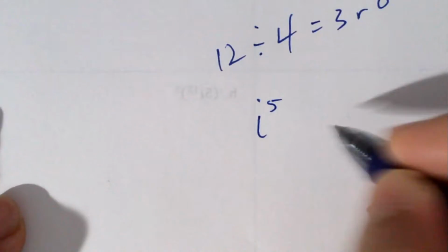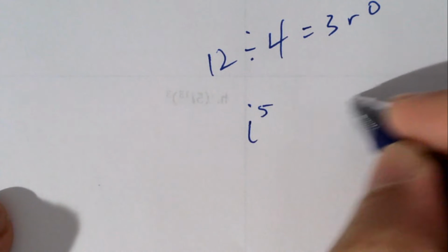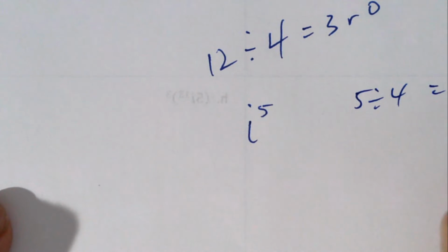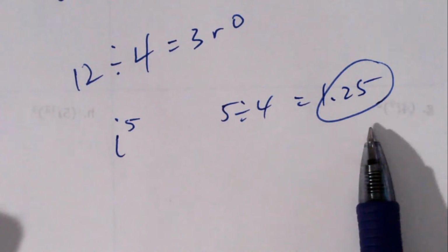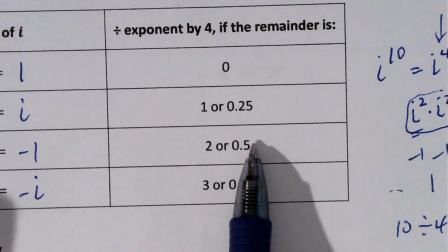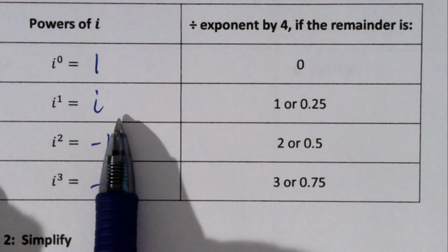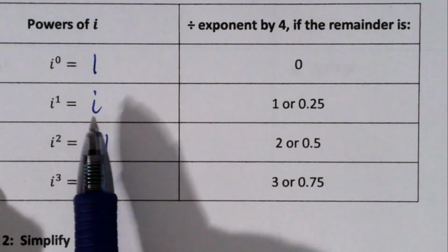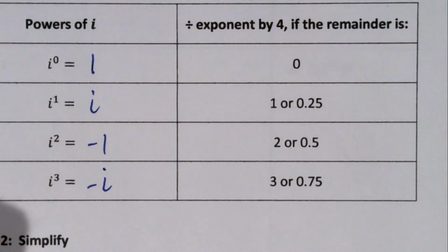If I have i to the 5th, you take that exponent and divide by 4. 5 divided by 4 is 1.25. So you're looking at just the decimal part. 0.25 corresponds to just i. So i to the 5th is equivalent to i.